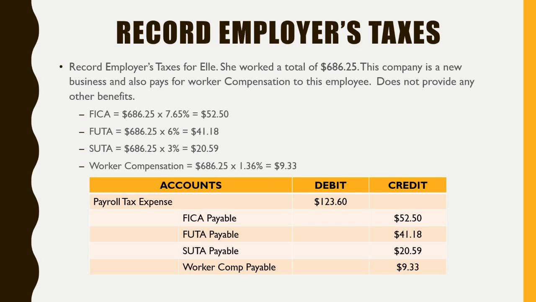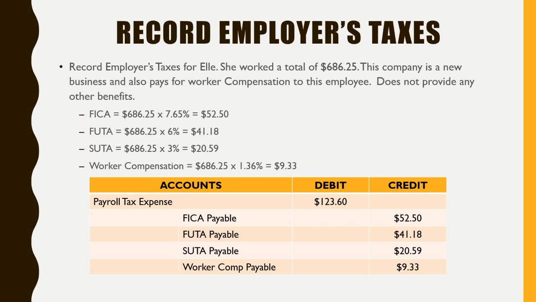Okay, and we need to look at 4 different taxes that we need to pay for having her as an employee. So number 1 is the FICA, which we just talked about, right? Whatever the employee has contributed, you must match them 100%. So in this case, we're going to multiply it by 7.65% to get a grand total of $52.50.